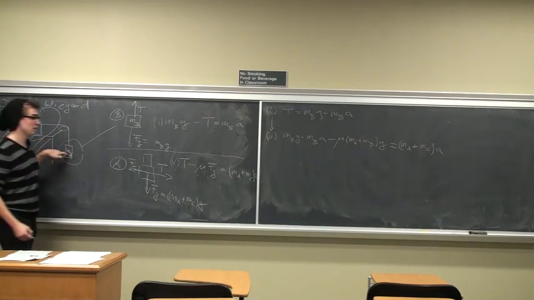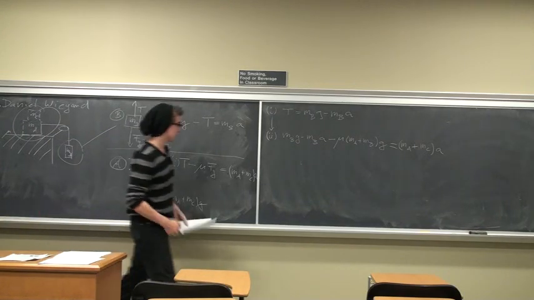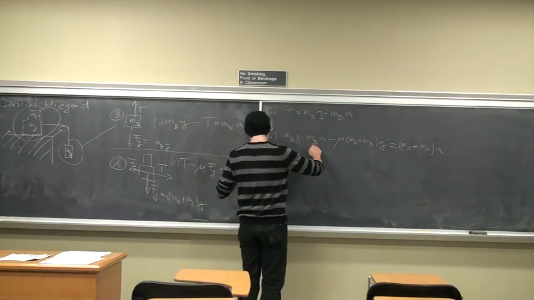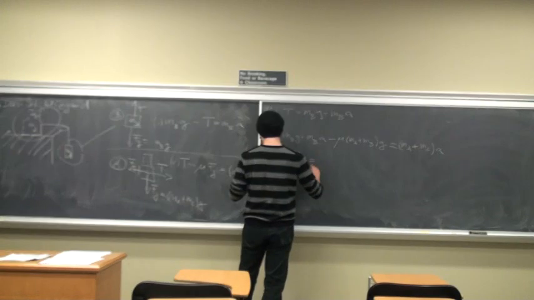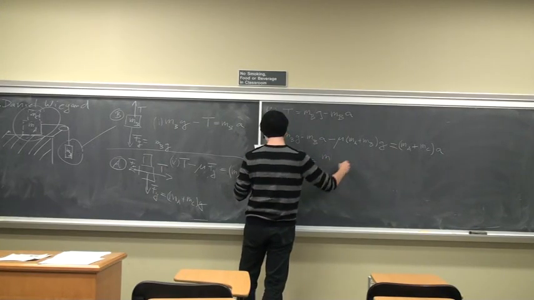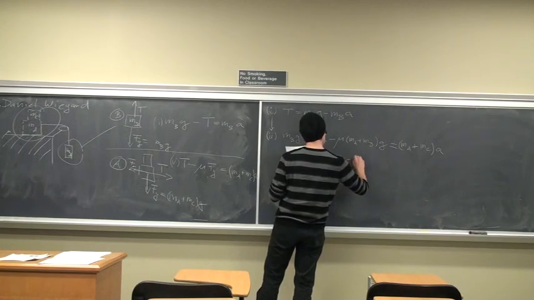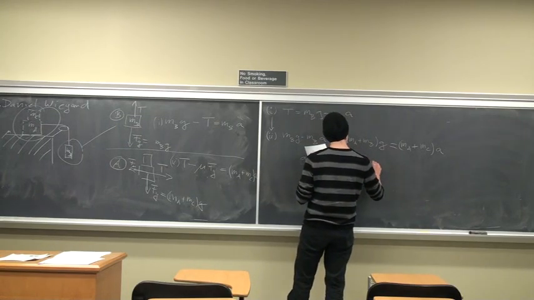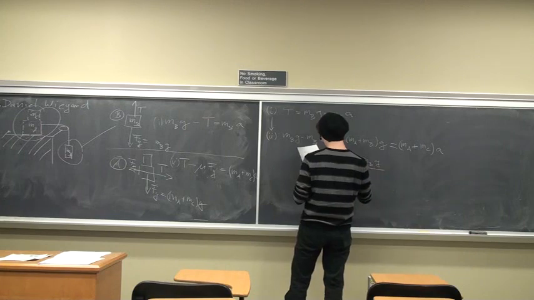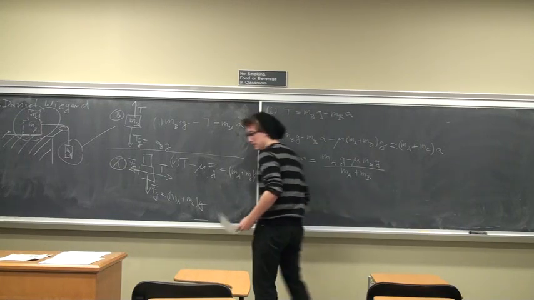Okay. So yeah, we can solve that, and I'm probably going to get the factors wrong, so I'll just give you the solution for that. It's (MA times G minus mu times MB times G) divided by (MA plus MB).